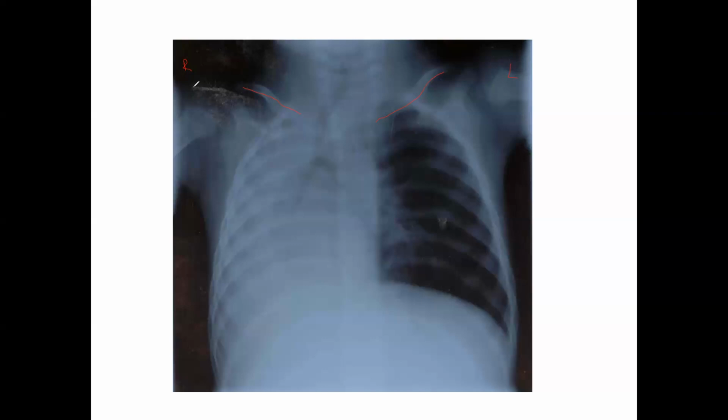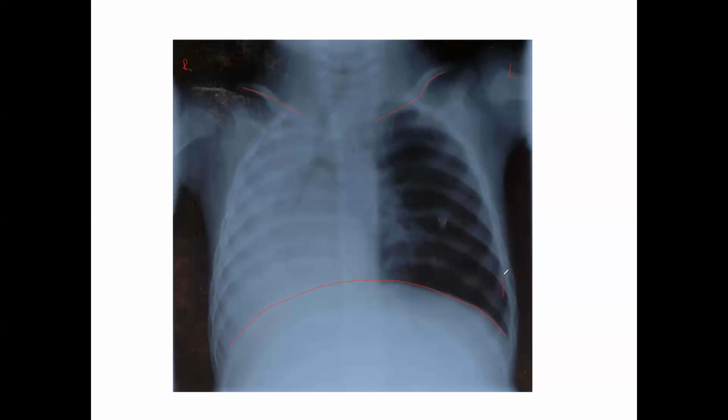Obviously you want to make sure that you can see the entire chest on the image. You'll notice the dome-shaped muscle right here. I'll try to trace that. That's your diaphragm.